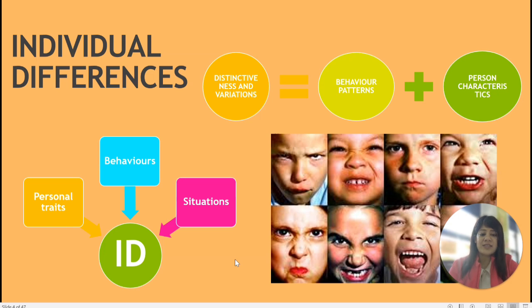So the distinctiveness in how we feel, how we behave, how we act comes because of the behavior patterns that we emit, and also because of the person's characteristics. Now, if there's one individual who is very calm and sober, and he tends to be put in an environment which is very aggressive, what do you think would happen to him? Would he be forced to be a little aggressive from time to time, or maybe after a lapse of time?